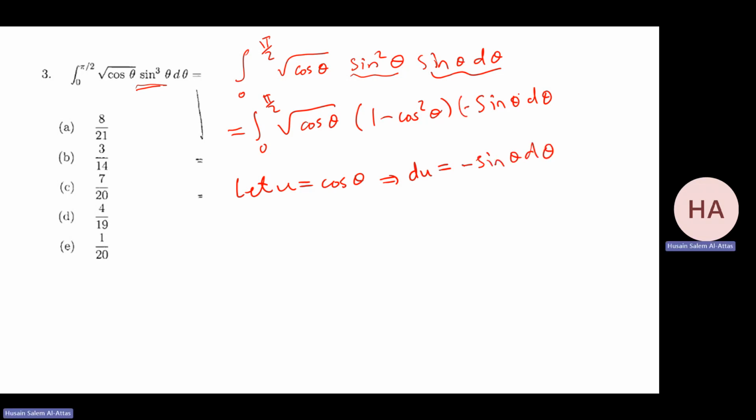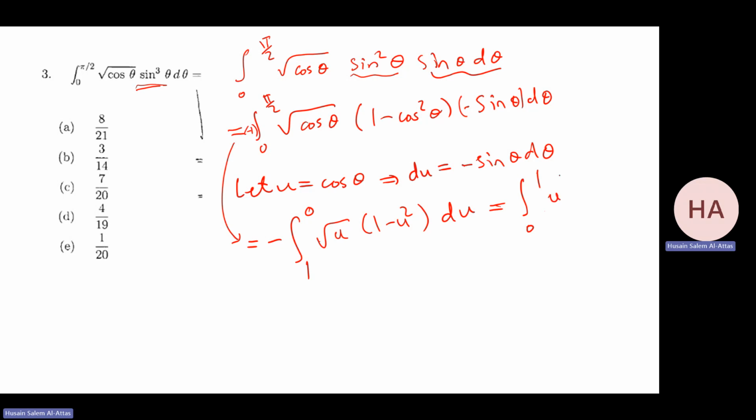So I need a minus sign here, and then I need a minus sign here. So this integral will be what? Cosine 0 is 1. Cosine pi over 2 is 0. Yeah, the same trick. That will be square root of u, 1 minus u squared du. Okay, I get rid of this minus, and that will be from 0 to 1.